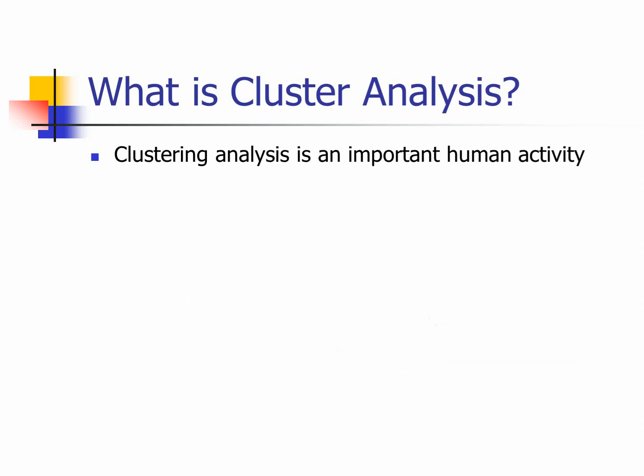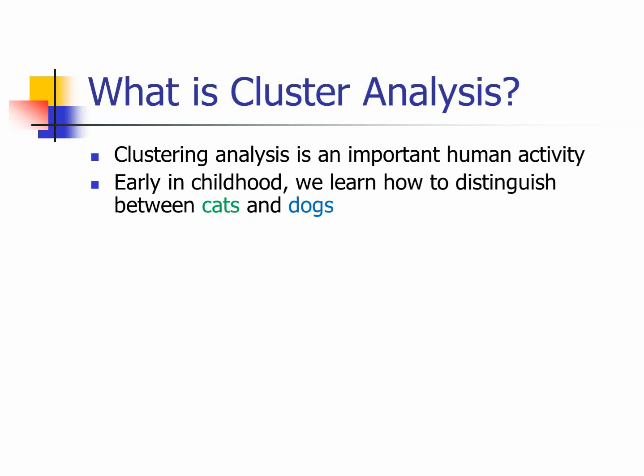For example, when you are young, you look at small animals. We learn how to distinguish between cats and dogs. Think how hard it is for you to tell computers to learn the difference between cats and dogs. However, you can do that easily. Even inside of the cats, you can understand that there are many different types of cats.